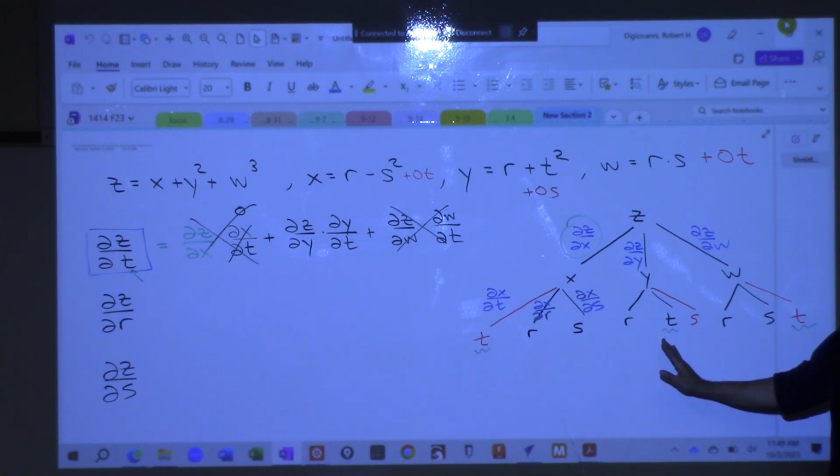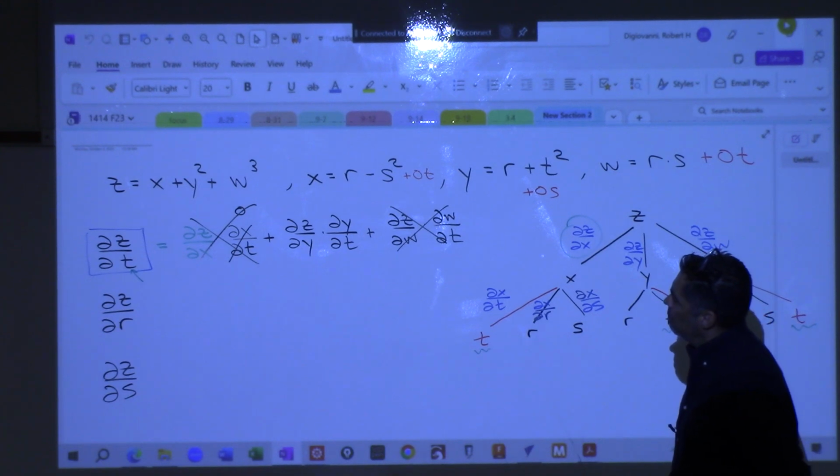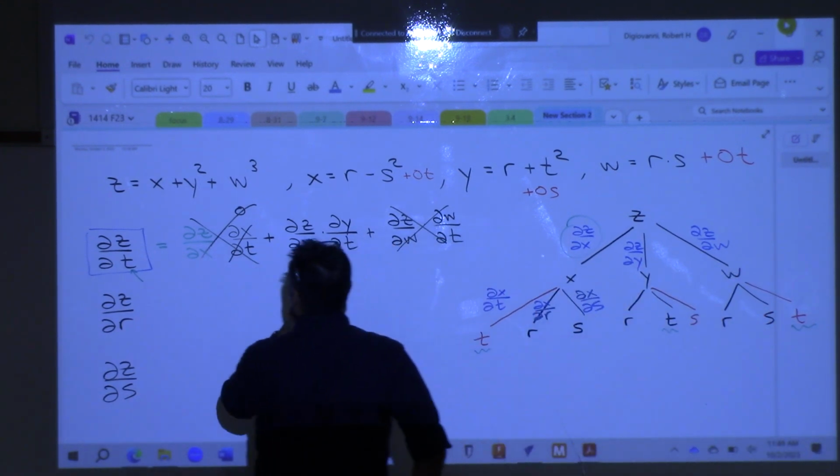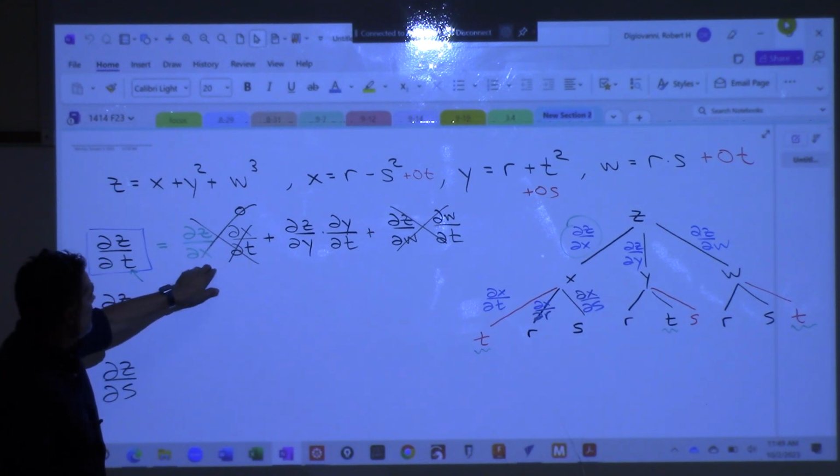Okay. And then we could do the other 2. Yes? Question. As soon as it's a multiplication of fractions, can we cancel the partials and the answer will be partial z with respect to t? Wait, say again? You multiply two fractions.